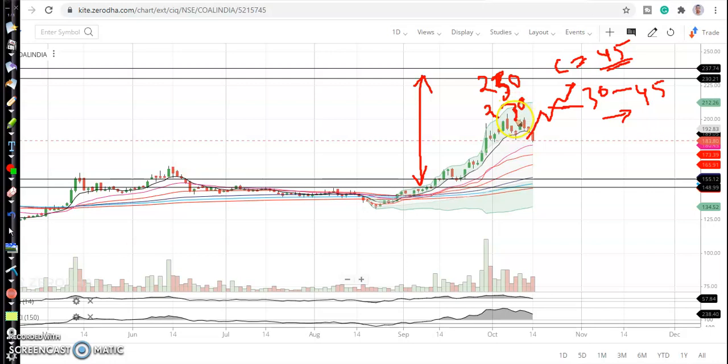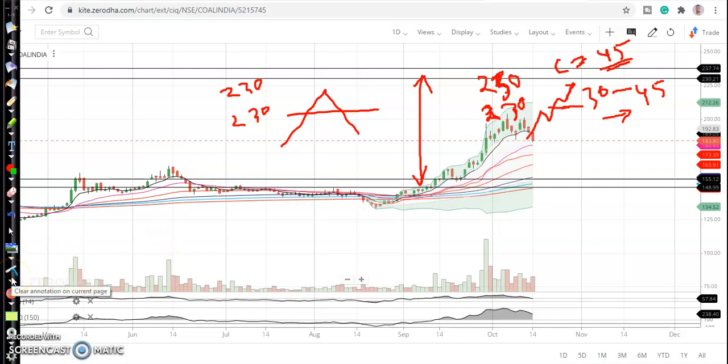Now what will this strategy be? That will be a straddle, right? Same means 230 call sell, 230 put sell. That is called a straddle. This is the second adjustment.